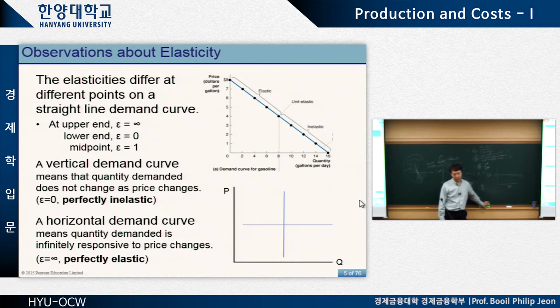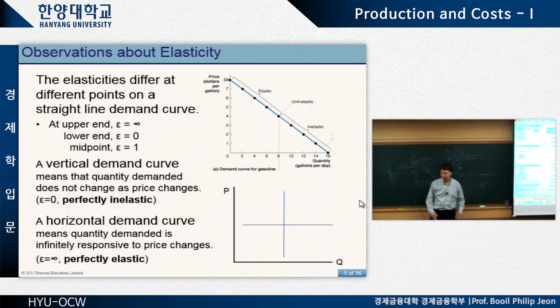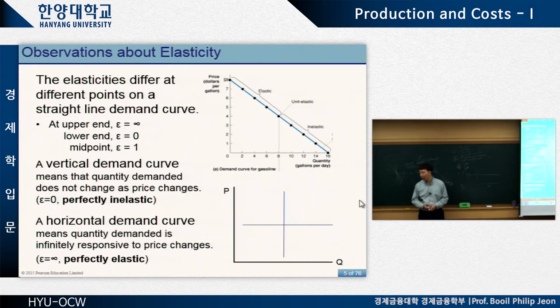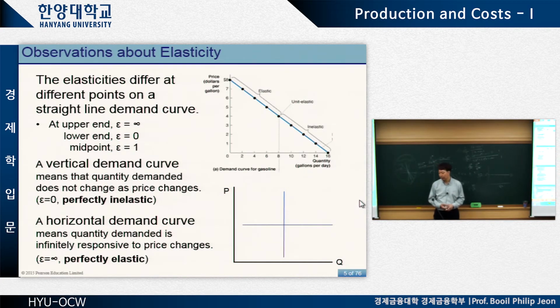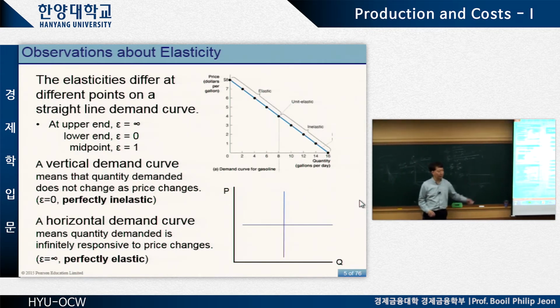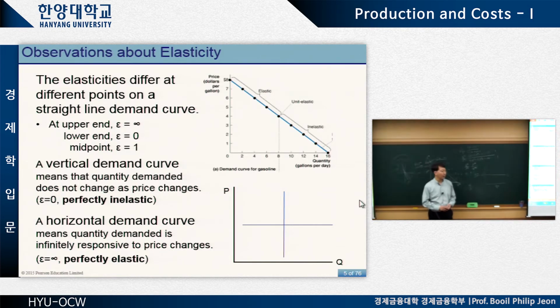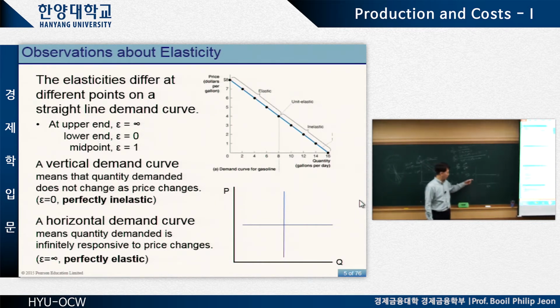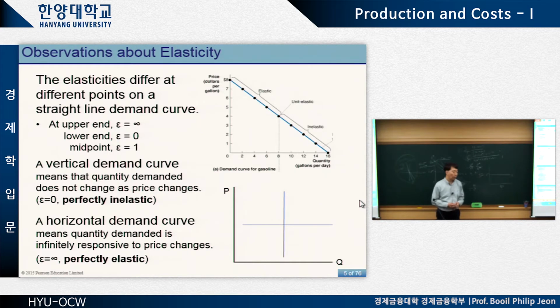Why would anybody buy your wheat paying 1 cent more, if there are so many farmers? Right next to you there's another farmer, and on this side you have 1,000 farmers next to you, and they are all producing the same thing. That's the idea of a horizontal demand curve, or perfectly elastic demand curve.